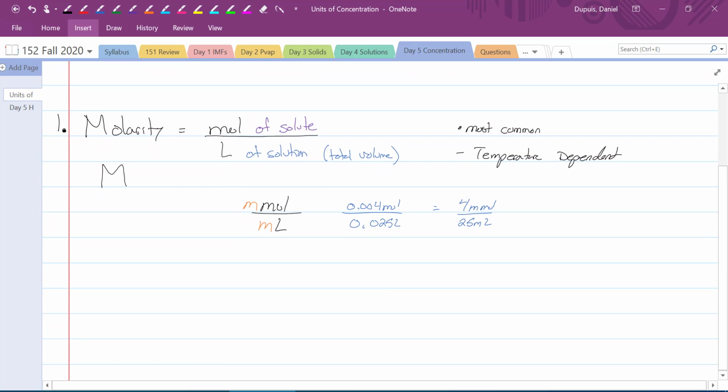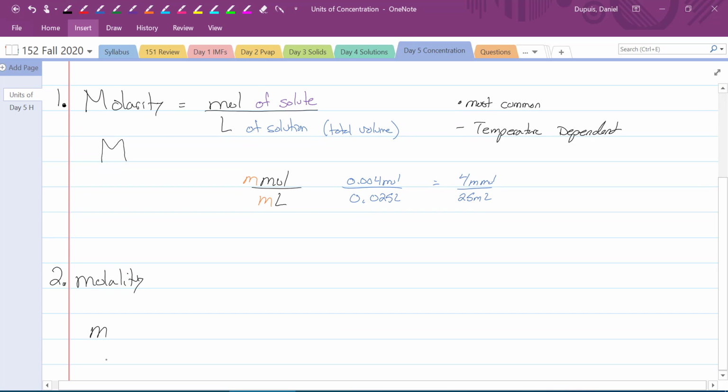It's moles per liter and temperature dependent. The second one that we'll introduce this chapter is molality. Molality is a lowercase m, and a lot of times it's italicized in the book. That is moles of solute per kilogram of solvent.